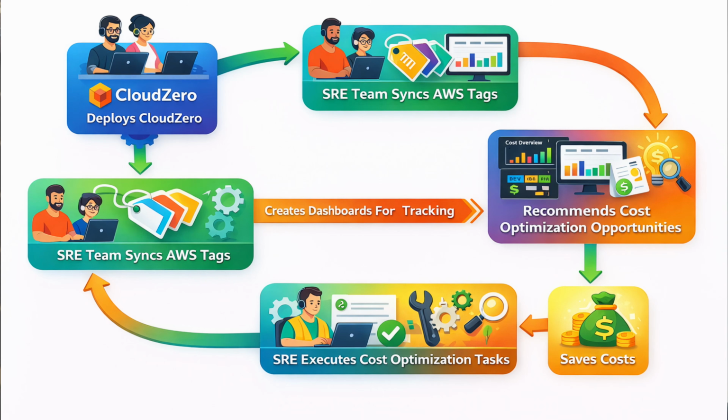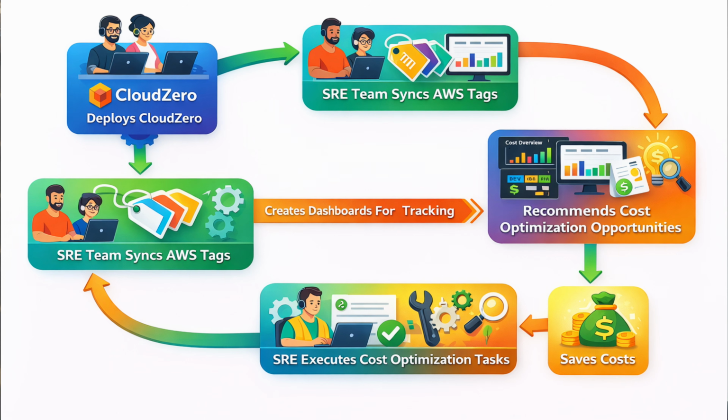A few things that we do: the first thing is we need to ensure that all the resources are tagged properly. Then in this tool, you can create various types of dashboards. Those dashboards are created to enable all the application teams to see the cost team-wise or service-wise, and then they can have internal discussions around how to optimize the cost.